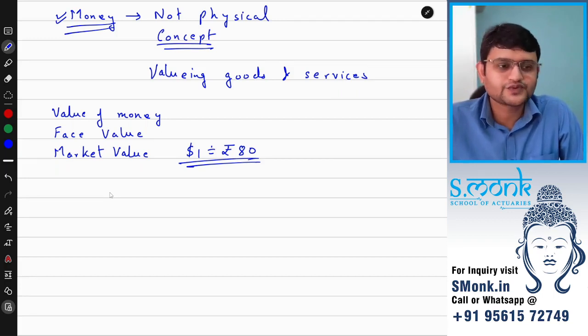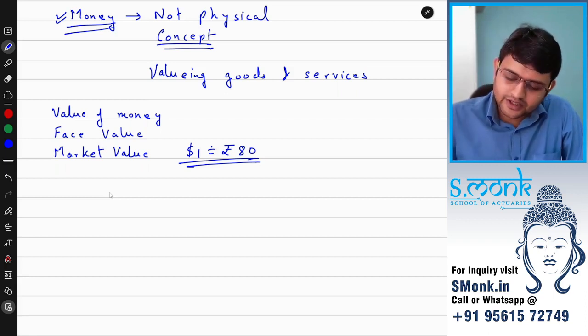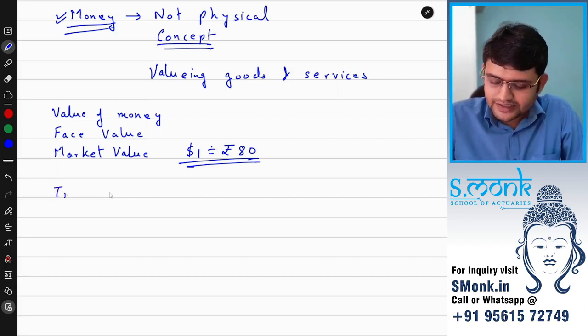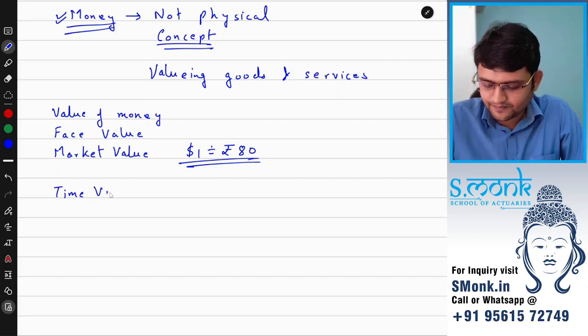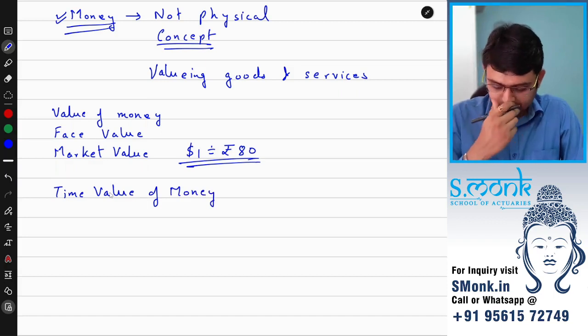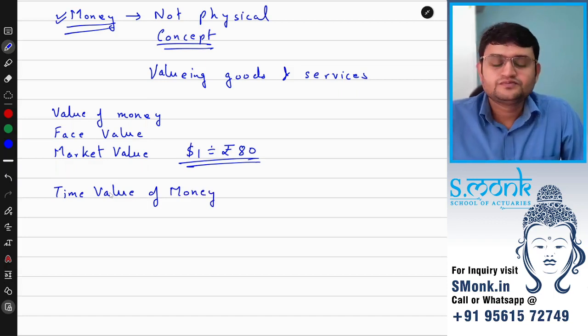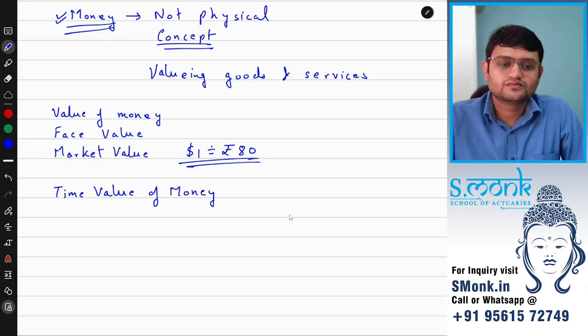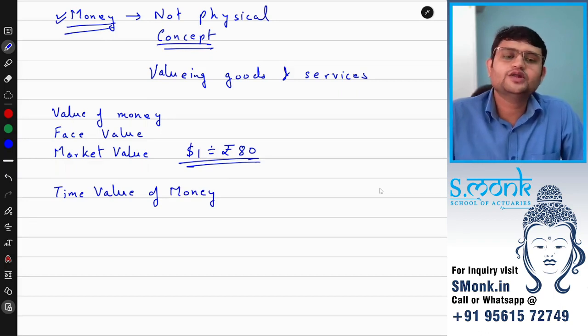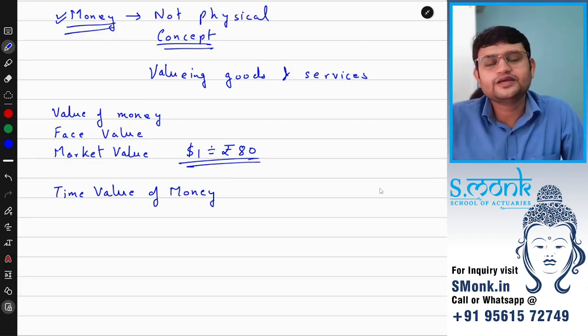Okay, so we have face value, we have market value, but here we are more worried about time value. Now time value of money is the value of money that changes with time.